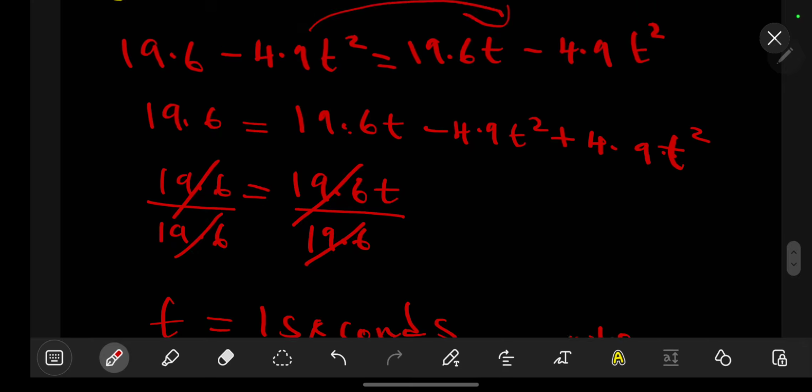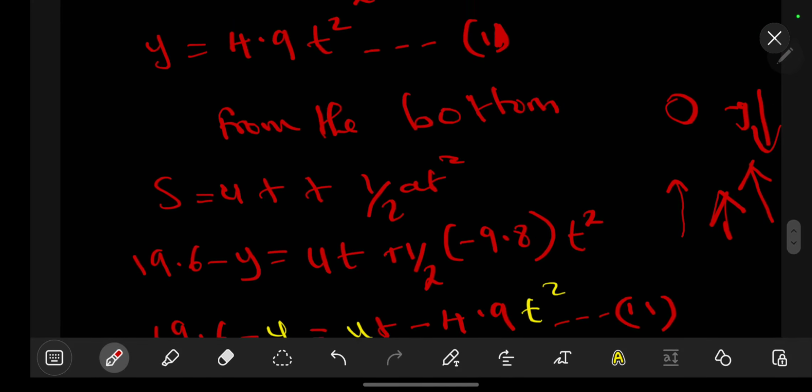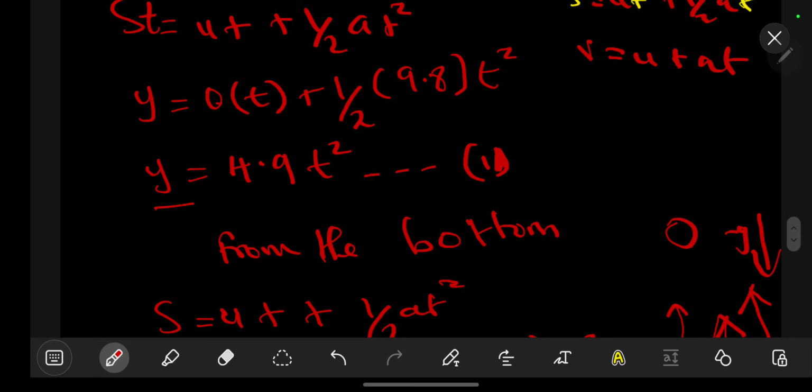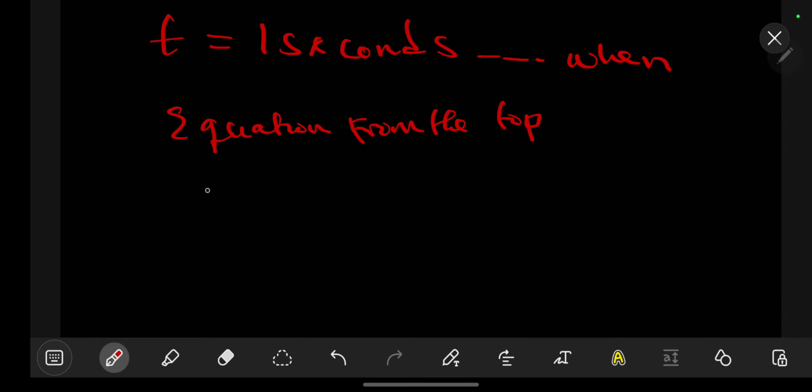Our where, we can use either of the two equations, and it will give us the same answer. Let's use the simple one, the equation from the top, which is y equal to 4.9 t squared. So y is equal to 4.9 times 1 second squared.